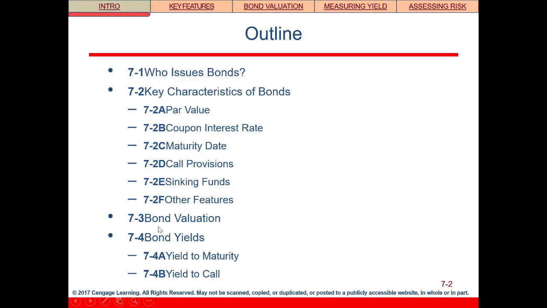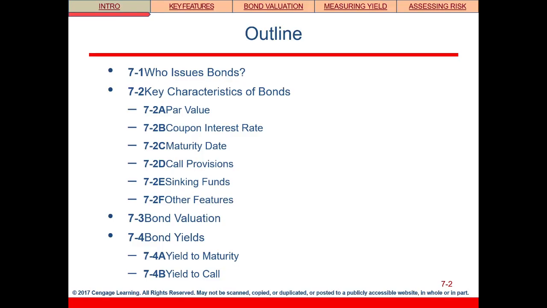Then bond valuation, so that's basically just an application of time value of money on the bond. And then we also discussed yield to maturity. So this is just the calculation for the rate of return based on all the information that you could have for a bond, including the purchase price, the face value, the number of years to maturity, the coupon interest rate, and the market interest rate.